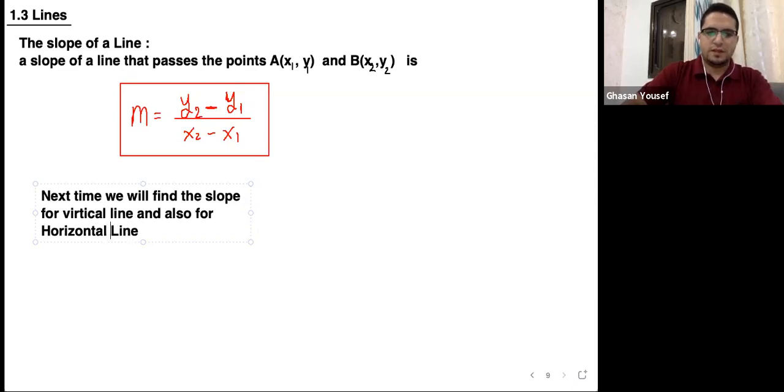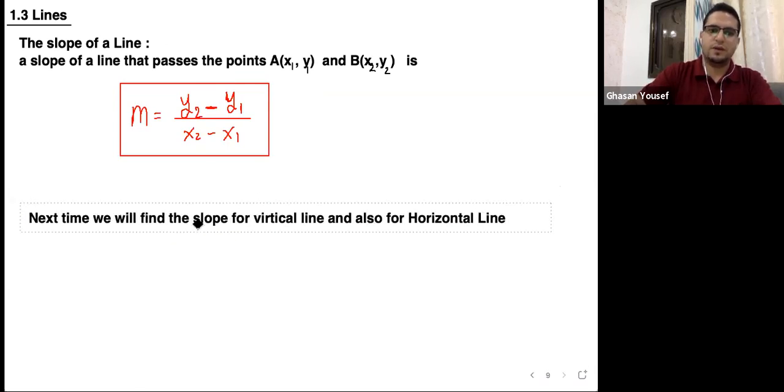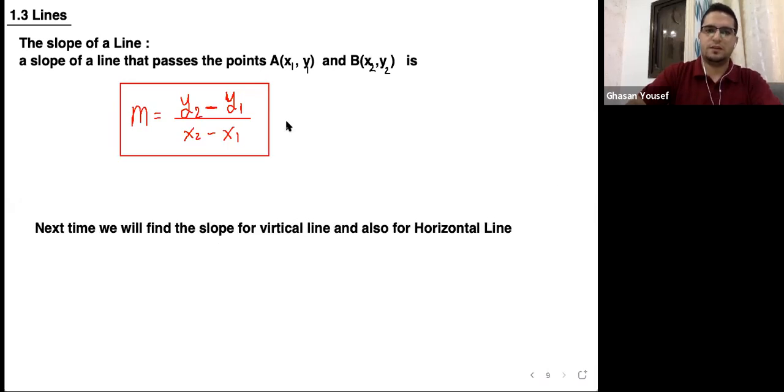So get ready for next time to find the slope for the vertical line and the horizontal line. So we're going to stop here today, and I will see you Thursday.